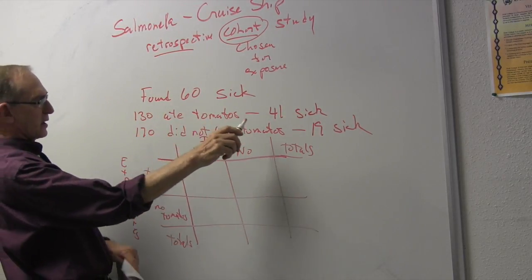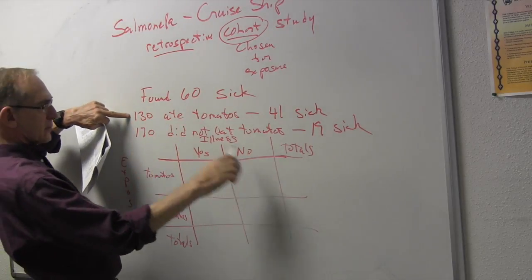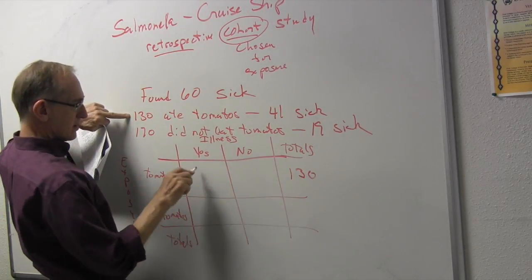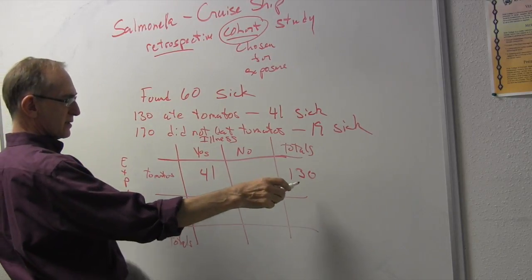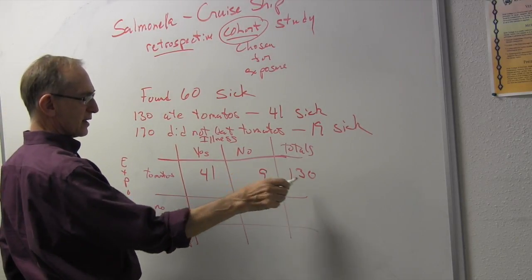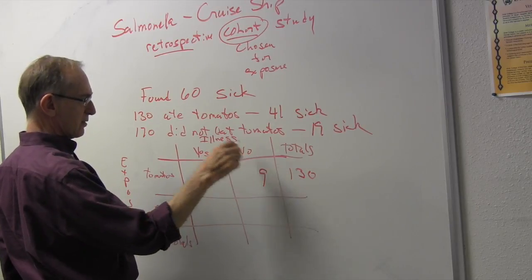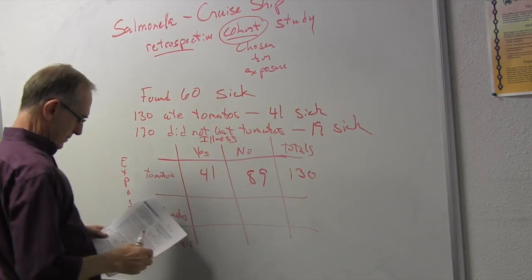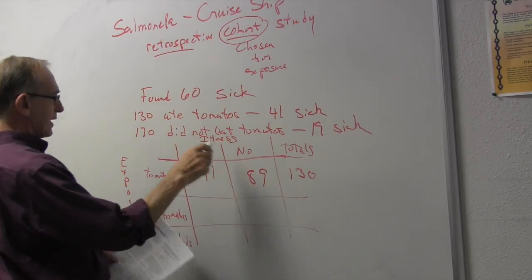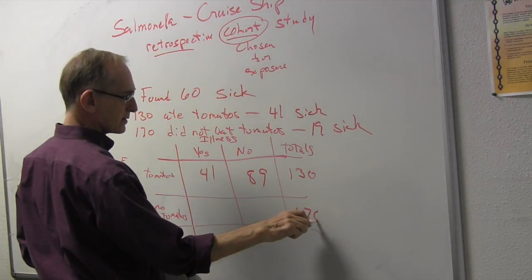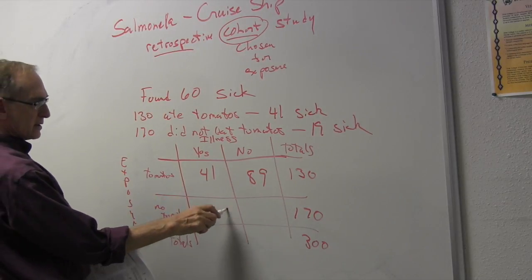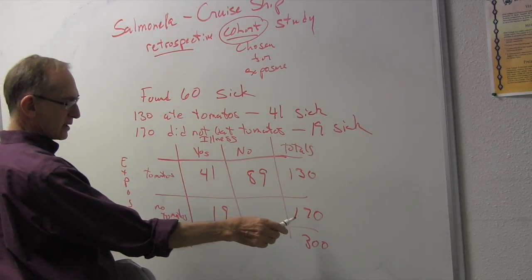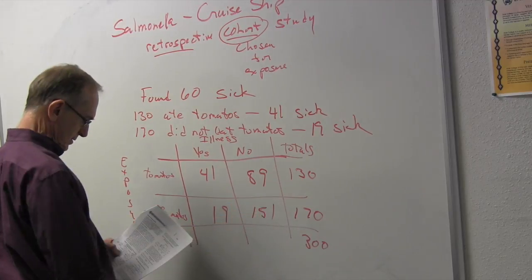So 130 ate tomatoes, 41 sick. How many were not sick? We can subtract. 130 minus 41 is 89. We had 170 who did not, and that was a total of 300. 19 got sick, so what does that leave? 151.